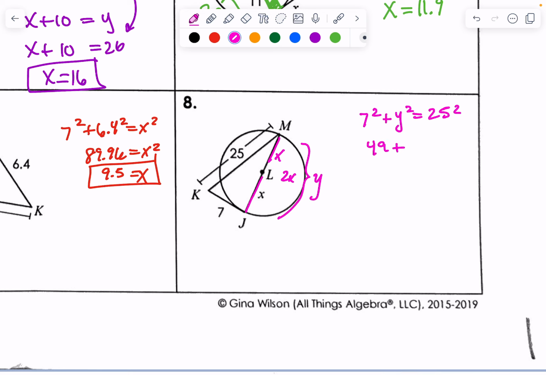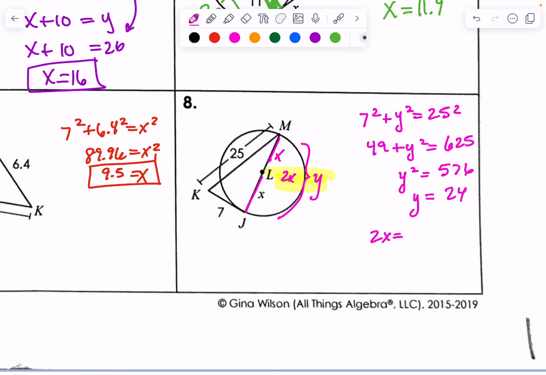So 49 plus y squared equals 625. Y squared equals 576. Take the square root. Y is 24. Great. I asked for x. Well, right here, we said that y and 2x were the same thing.